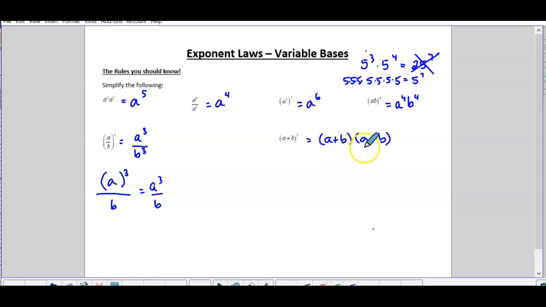And so think about back to the polynomials unit, you have to use the distributive property, which some of you may abbreviate with the word FOIL. In any case, you'll end up getting a squared plus ab plus ab plus b squared, and you collect like terms.